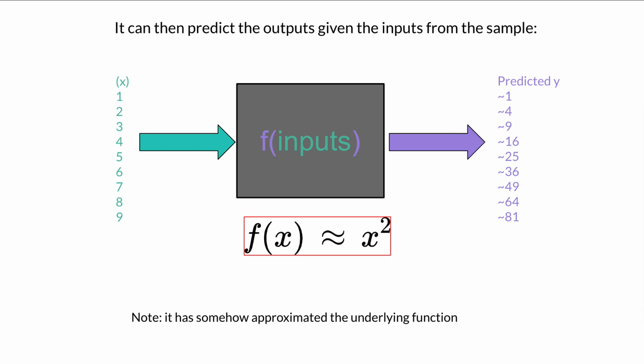So now we can say that our model function f of X is approximately X squared. A neural network will never 100% discover the underlying function, because for statistical reasons and to do with noise and how big is our data sample, and we'll get into some of those details in a minute. But the hope is that we can sufficiently approximate a hidden function that we can do something useful with it.